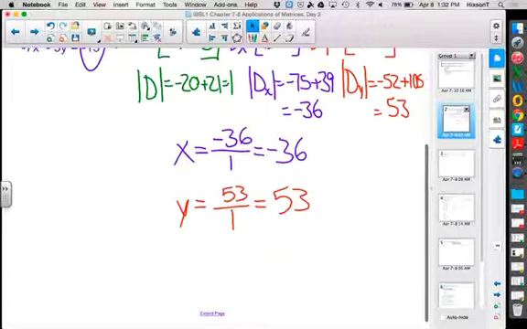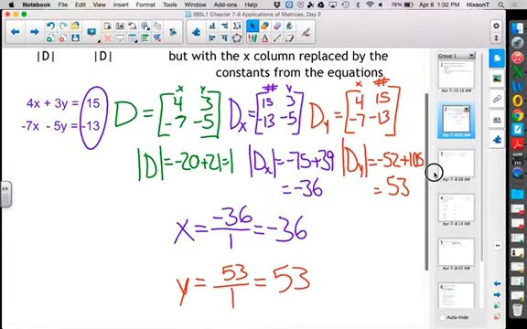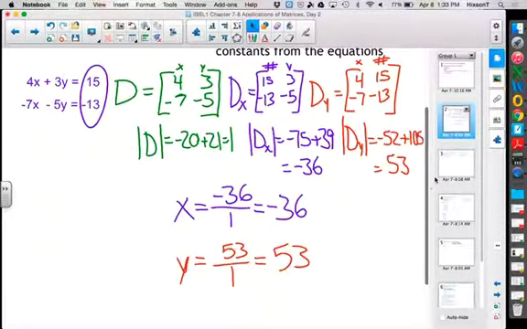You can see, we took our time doing it, but once you get the hang of this, you can actually whip through systems of two equations with two unknowns pretty fast. Especially ones like this where if you tried to use elimination, you're going to have to multiply this by 7 and this by 4, or multiply this one by 5 and this one by 3, and then you're getting bigger numbers.